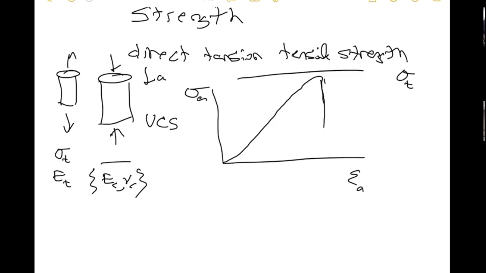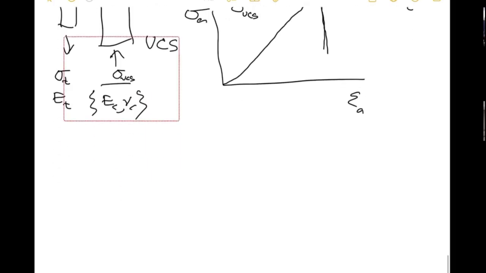Brittle means that this curve goes almost straight down. And so this value here, some people in the mining world call it UCS. I'm going to call it sigma UCS. So this then is what we call the compressive strength. So for the UCS test, we get compressive strength. With me? Yep.